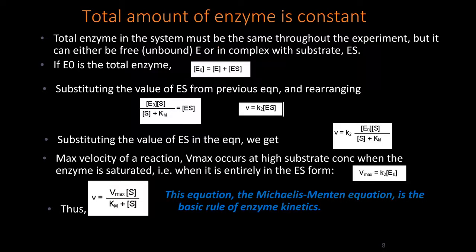That means at least 50% of activity or conversion is done at this point of substrate. Not 90%, not 100%, 50%. So Km has very important values to consider for designing molecules in future, you will see.